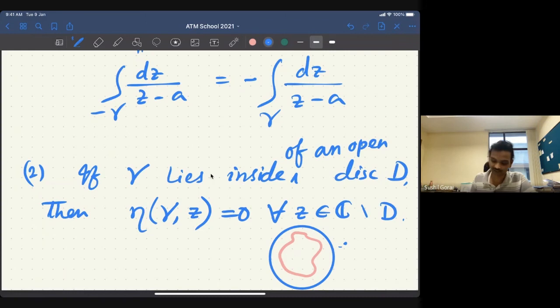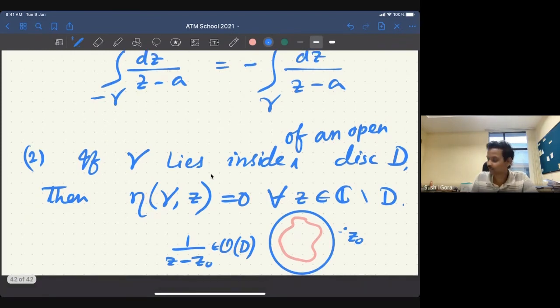Inside, use Cauchy's theorem on the disk. That would give you integration 0. If z naught lies here, then 1 over z minus z naught will be holomorphic in D, and then use Cauchy's theorem. All right, is this clear?